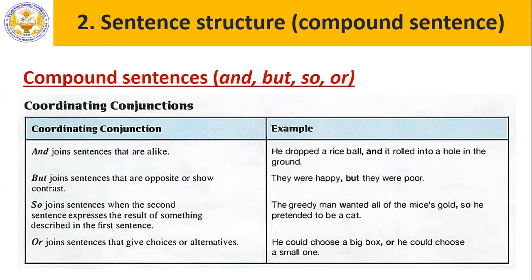So the first sentence is the reason and the second sentence is the result, and we join these two sentences by so. The last coordinating conjunction here is or. Or is the coordinating conjunction that we use to join two sentences of choices. We have two choices. For example, he could choose a big box, or he could choose a small one.